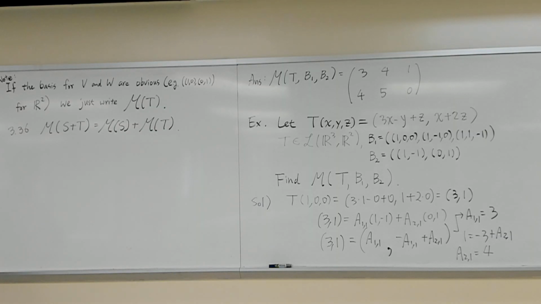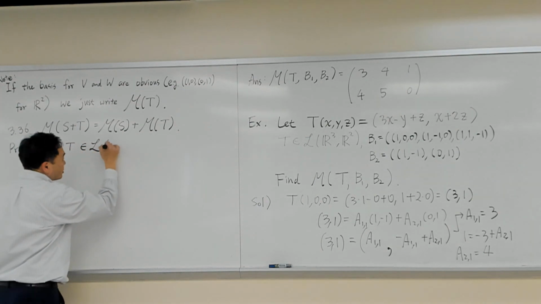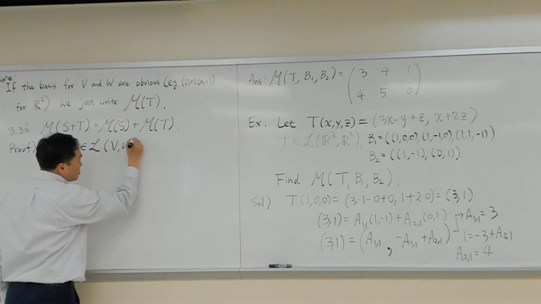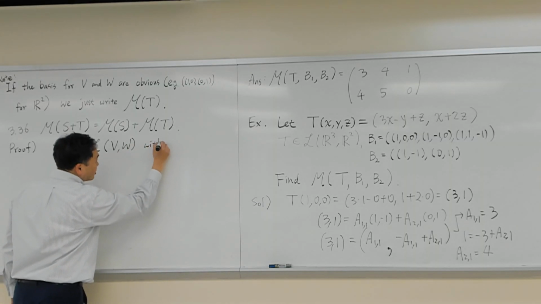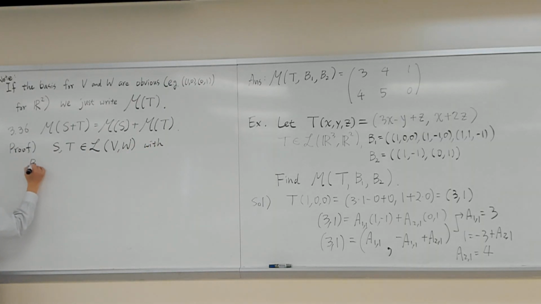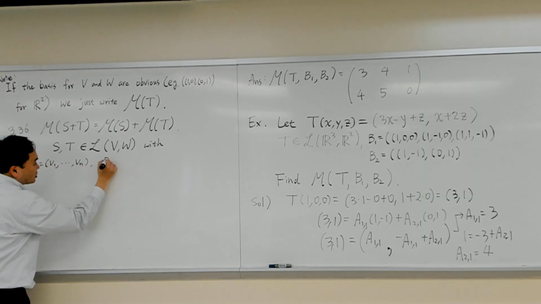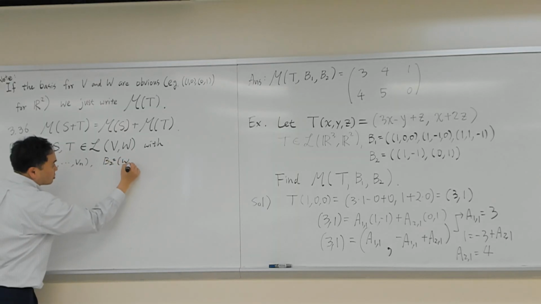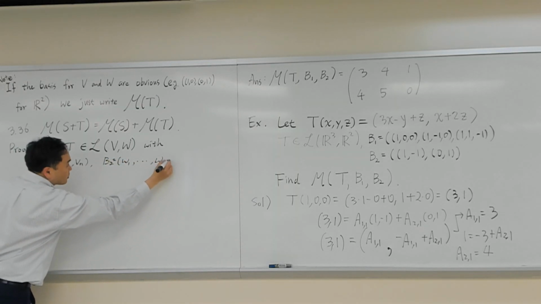This is very straightforward, but let me try to write down the proof anyway. So here, let's say S and T are both linear maps from V to W, with some basis B1 being v1 through vn, and B2 being w1 through wm.